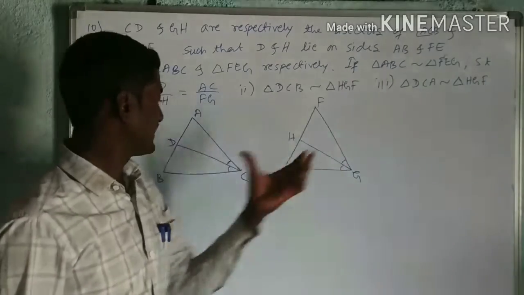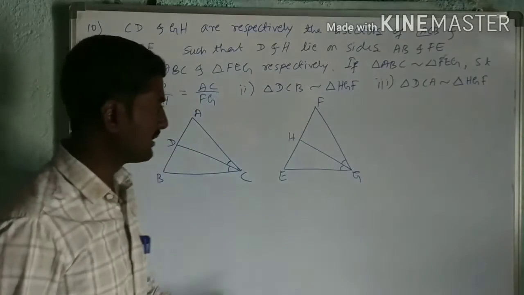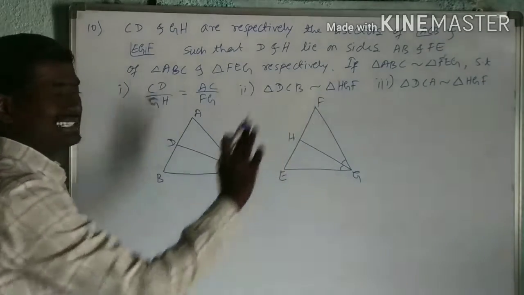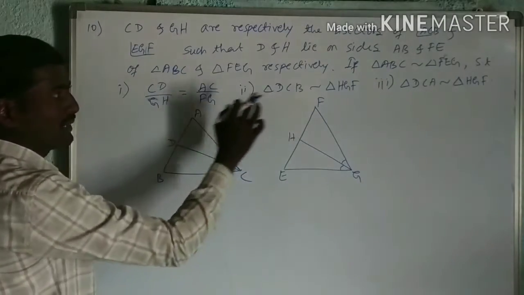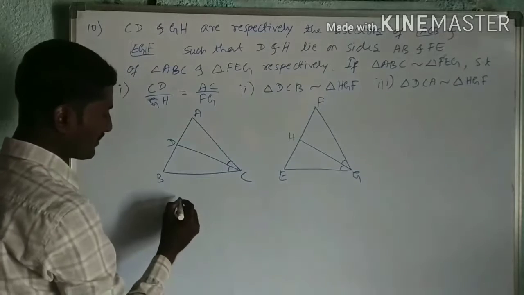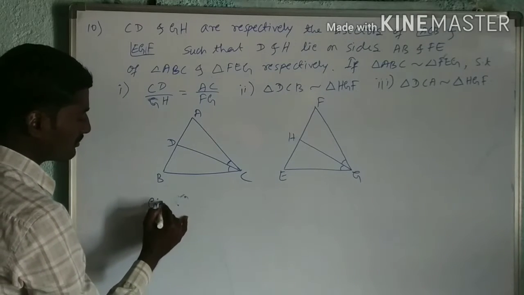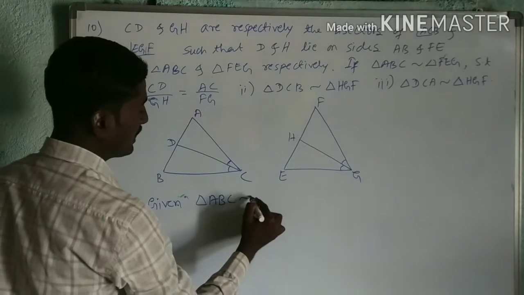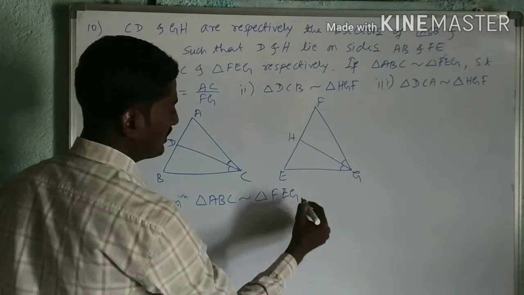If triangle ABC is similar to FEG, show that. I have to prove all these three. Before solving 1, 2, 3, I will write generally what is given: triangle ABC is similar to triangle FEG.